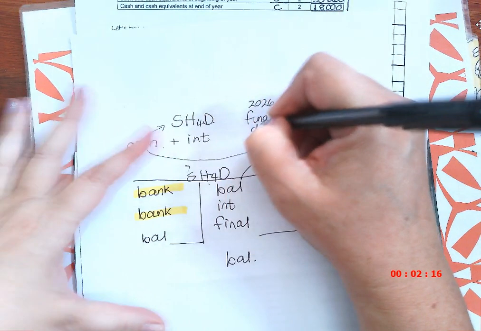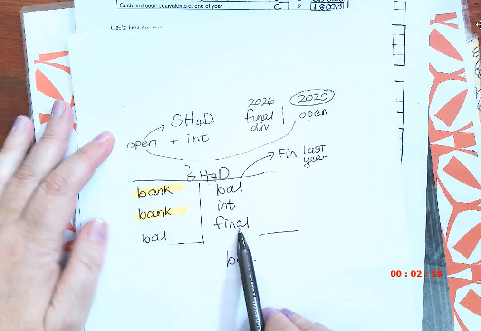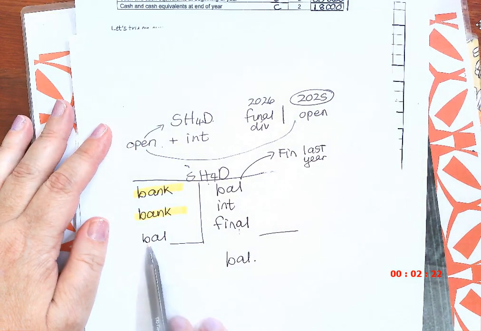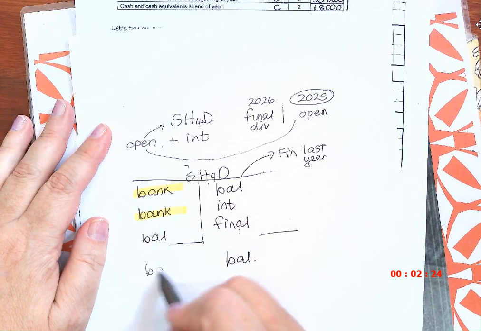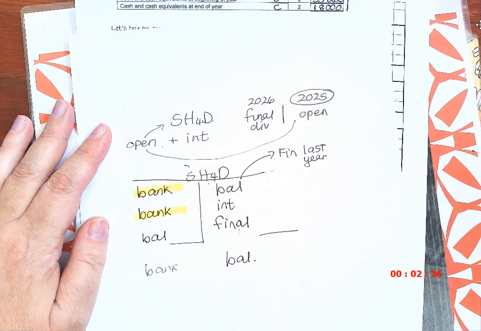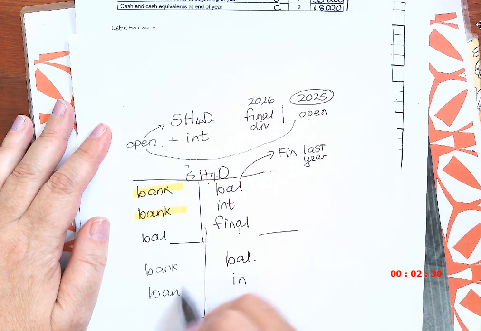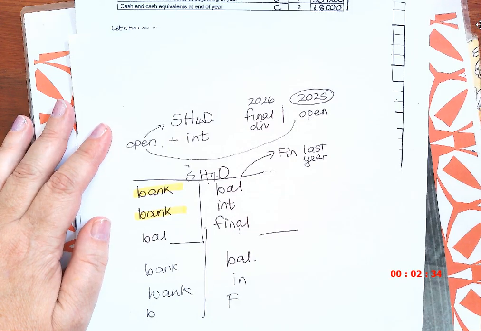Why? Because my final dividend I don't pay. When am I going to pay the final dividend? Next year. It's going to be bank. Interim. Bank. Final. Balance CO, balance BD. Bank. Can you see the pattern?